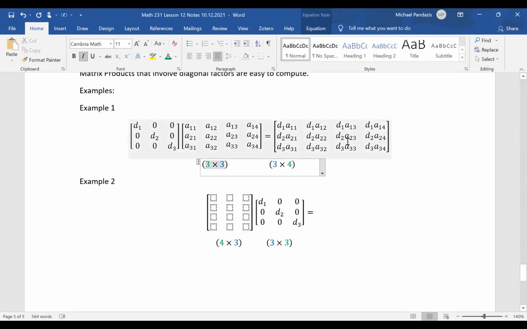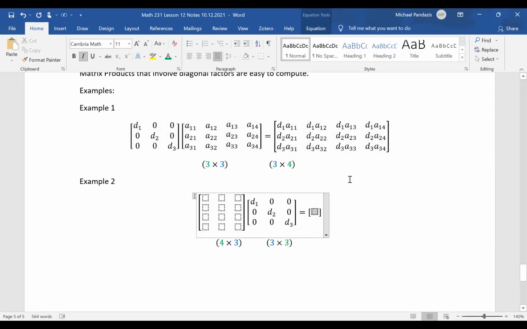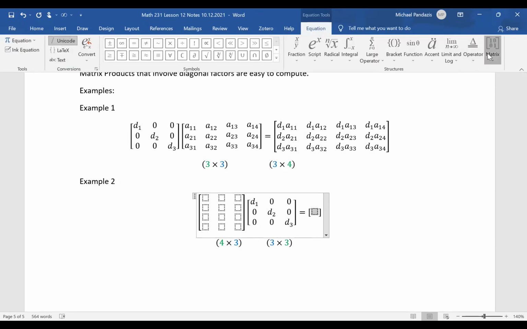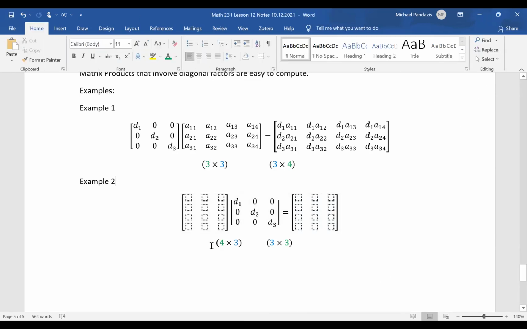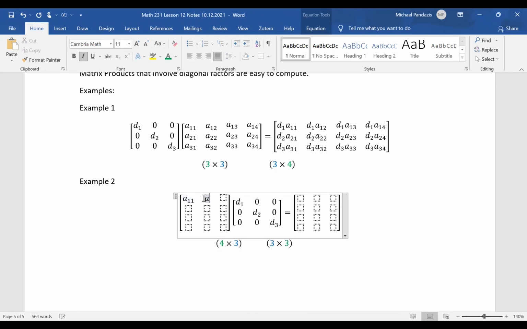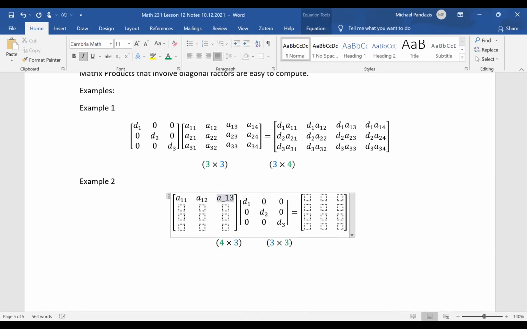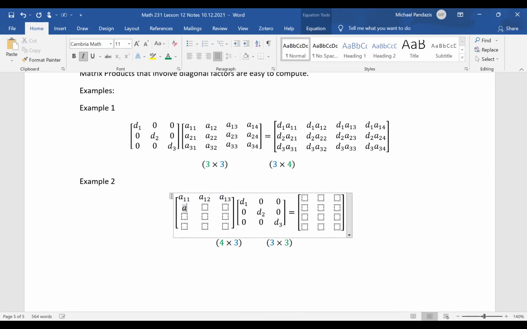The first one was 3 by 4, and this one's 4 by 3. So now you have a 4 by 3 matrix determined by the outer entries. This is a general 4 by 3 matrix: A11, A12, A13, A21, A22, and A23.